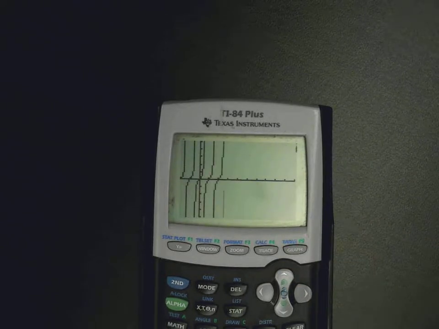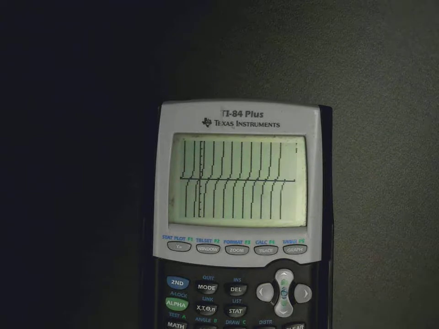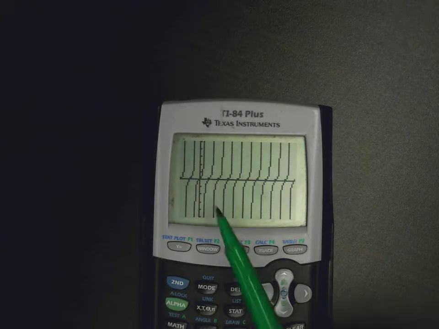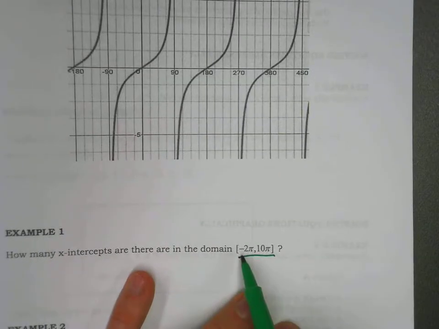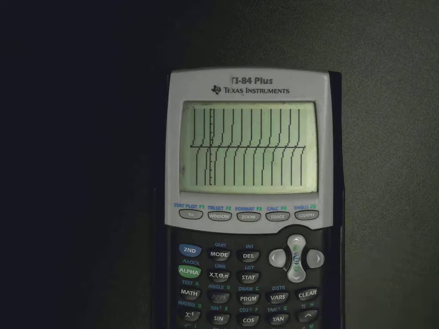Question was, how many x-intercepts were there in this domain? So I can literally look and say x-intercepts. Now I do have to be cautious because it does have square brackets around these endpoints, which means the ends of this domain are included in our solution.